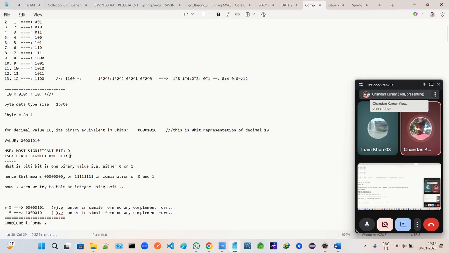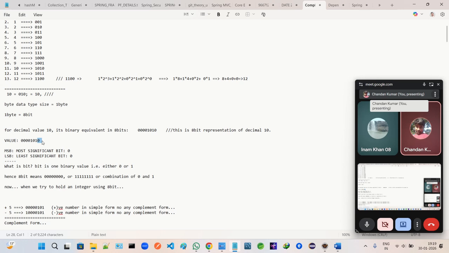From the left side, the very first bit is called the LSB, and the very last bit is called the most significant bit. But when it is represented via data type size, either 1 byte, 2 bytes, 4 bytes or 8 bytes, this is your MSB and this is your LSB, right?